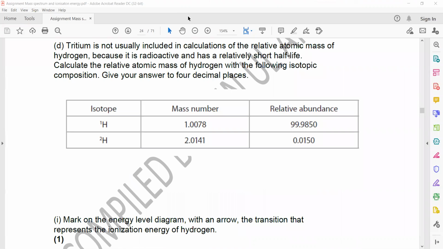Tritium is not usually included in the calculation for relative atomic mass of hydrogen because it is radioactive and has a relatively short half-life. Calculate the relative atomic mass of hydrogen. So we calculate: 1.0078 multiplied by 99.9850 plus 2.0141 multiplied by abundance 0.0150, divided by 100.